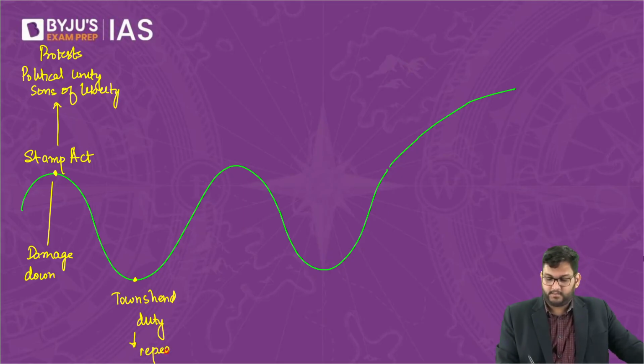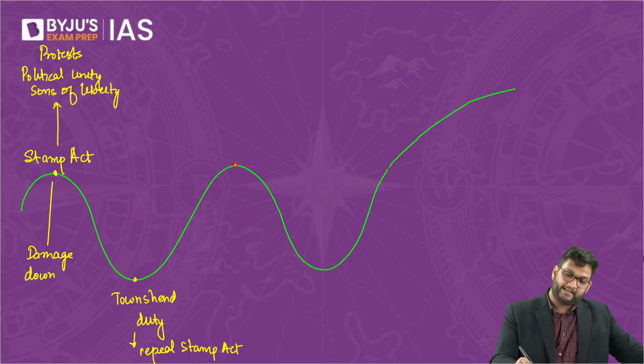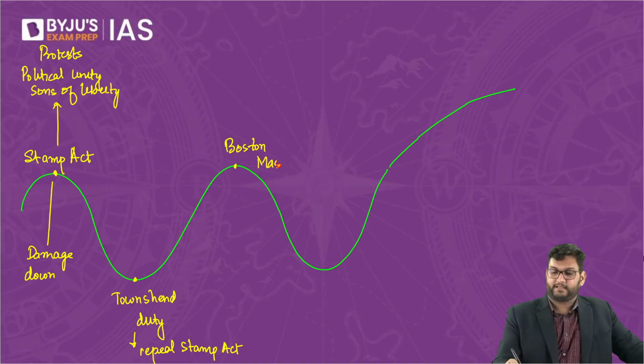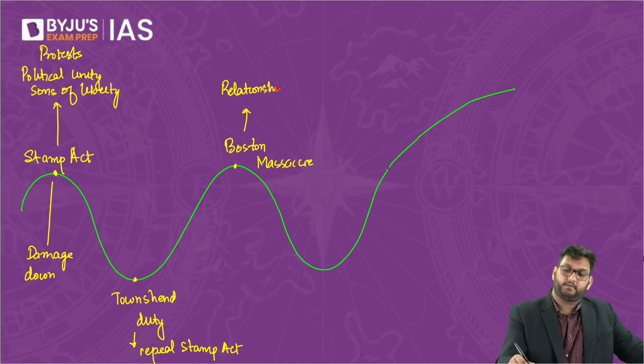Repeal Stamp Act. However, this led to the next point, which is Boston Massacre, wherein relationship became bitter and violent.